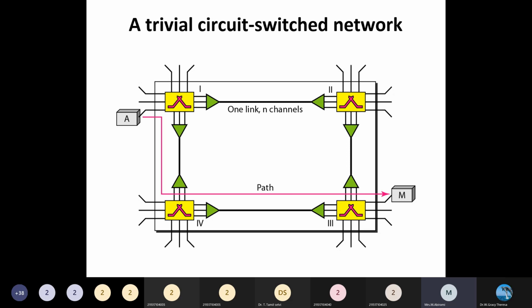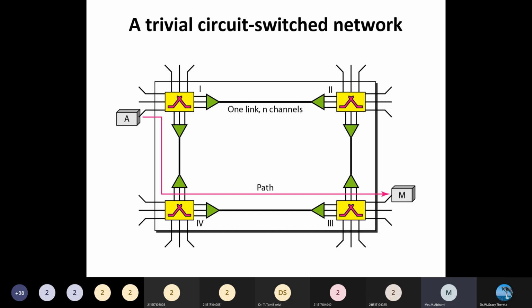So the end systems in communication are A and M. System A needs to request a connection to M. That request must be accepted by all the switches and by M itself. This is called the setup phase. Can you understand?